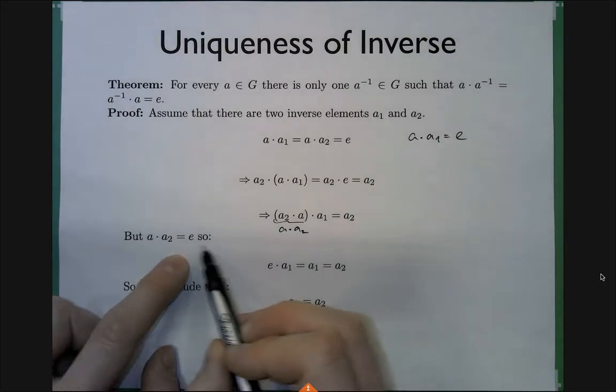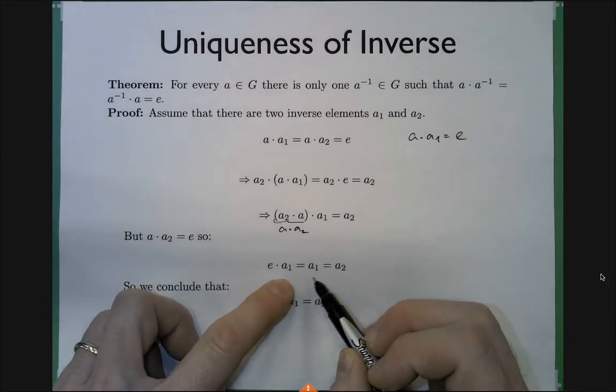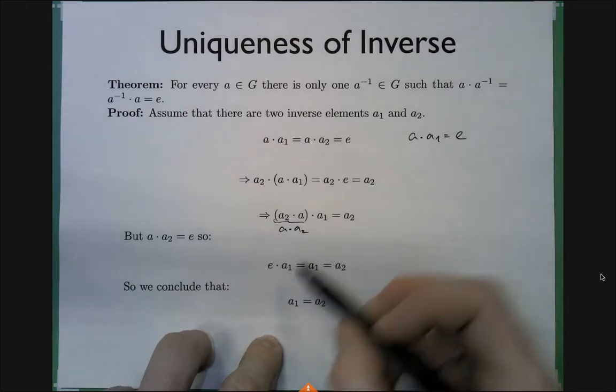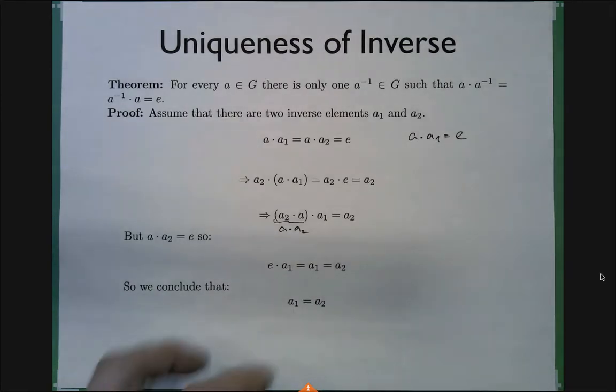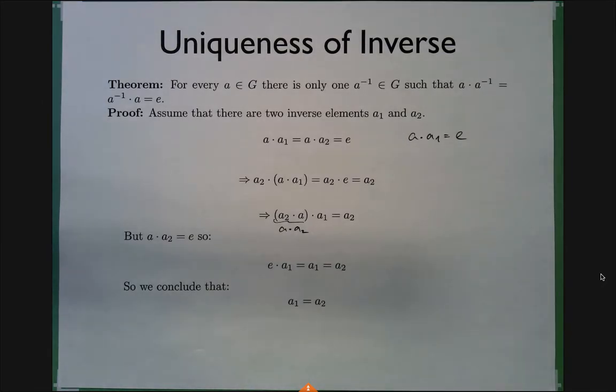And because it's the inverse, it's E, right? So this is just E times A1, which is A1, equals A2. So what I got from here is that A1 equals A2, so they cannot really be different. They must be the same. Or, if you want to be more dramatic, you say this is a contradiction with my assumption that they were different.